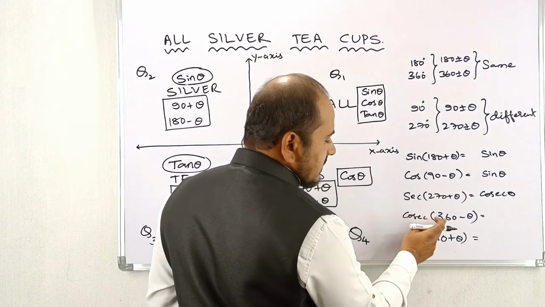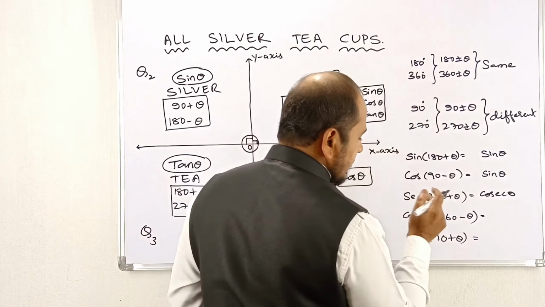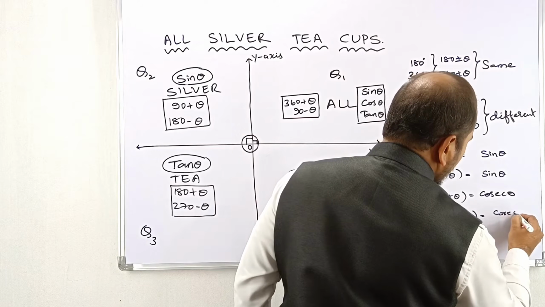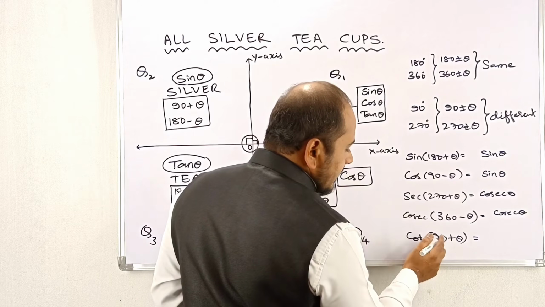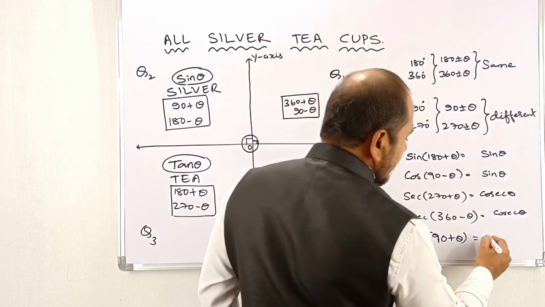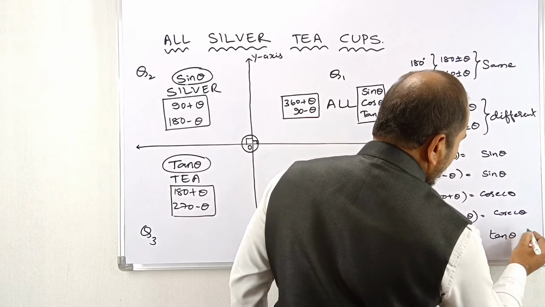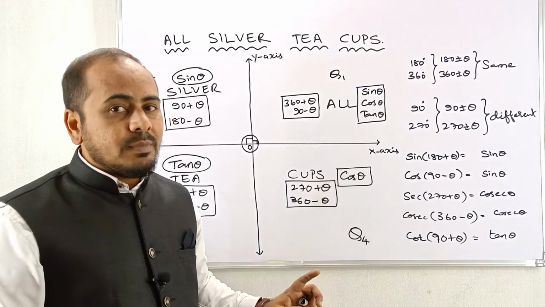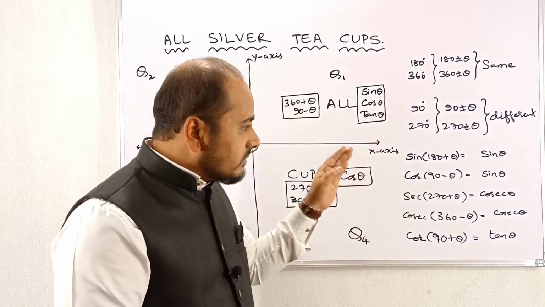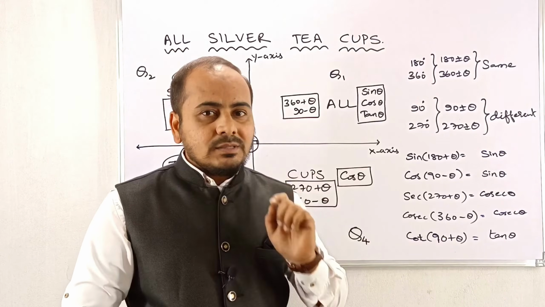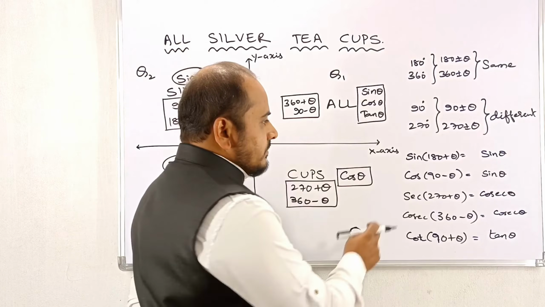And for cosec 360, 360 means same ratio, so you write cosec theta. And for cot theta, what can we write? 90 degrees here means different ratio, so you write tan theta. Still the answers are not complete; I have just given one simple technique. This is one step, and one more step is required, that too we shall discuss.